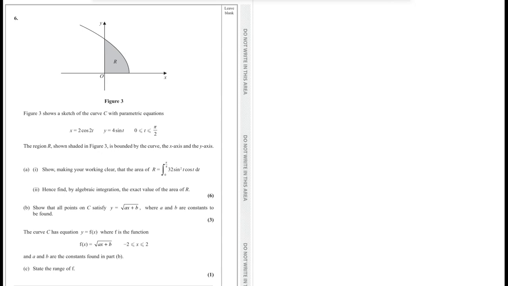What we want to do with ones where we've got the trig functions here is just use our trig identities. So with my x and y here, I've got a cos 2t and I've got a sine t. So I want a trig identity that links cos 2t and sine t together.